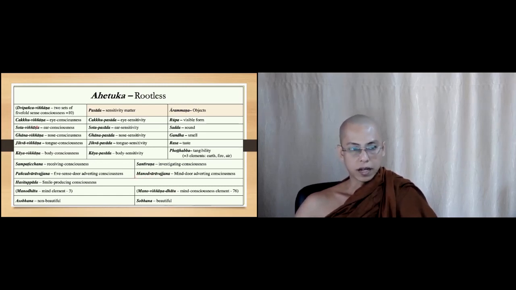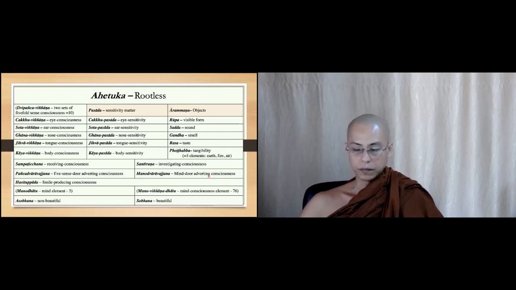The 5 doors are eye, ear, nose, tongue, body, and another door is the mind door. So related to the 5 doors, the 5 door adverting consciousness comes. And regarding the mind door, the Manodvara Vajjana, mind door adverting consciousness, will come first.